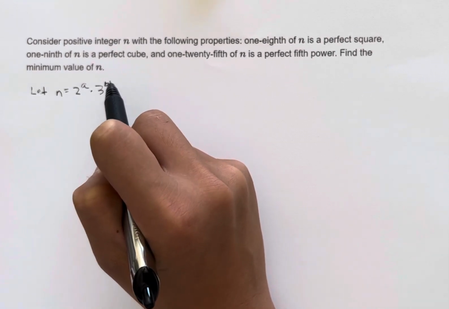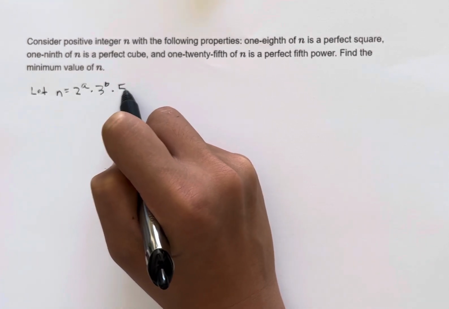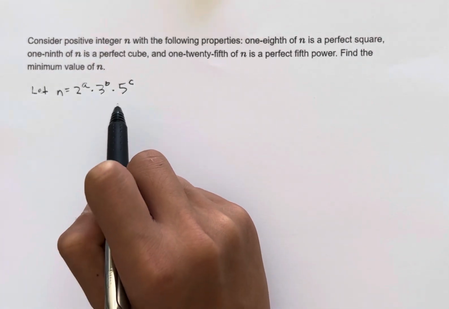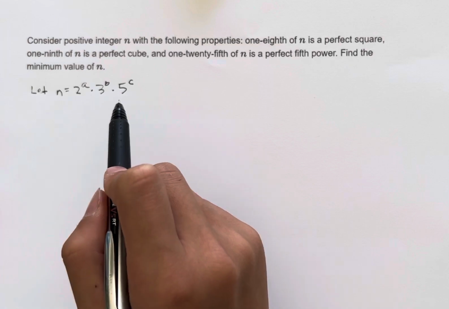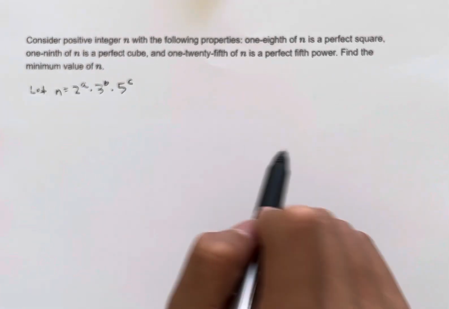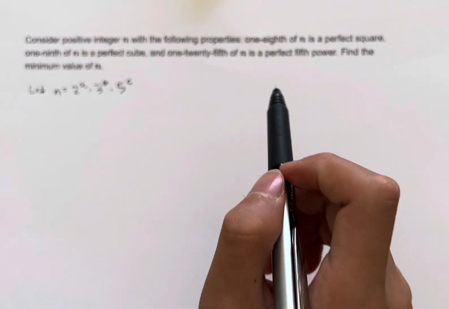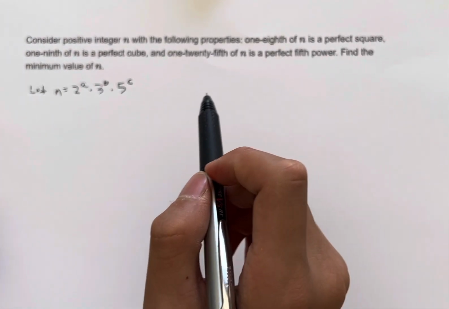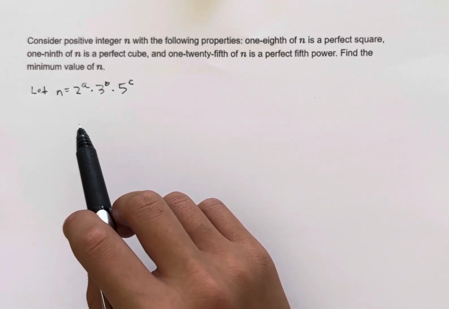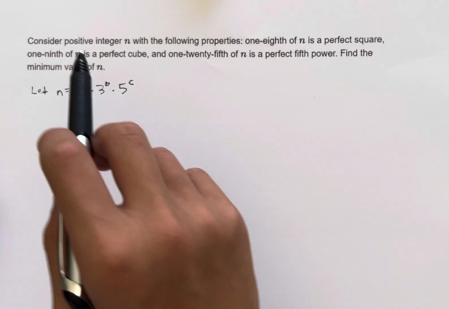And since it's divisible by 25, there must be a 5 in it, so 5 to the power of c. And now we want the minimum value, so we don't want to add any other prime factors like 7, 11, it's just going to make the value of n larger. So right now you only have to consider 2 to the power of a times 3 to the power of b times 5 to the power of c.